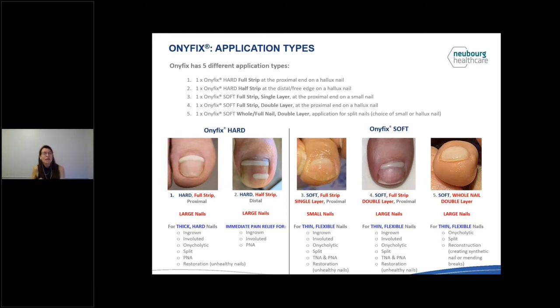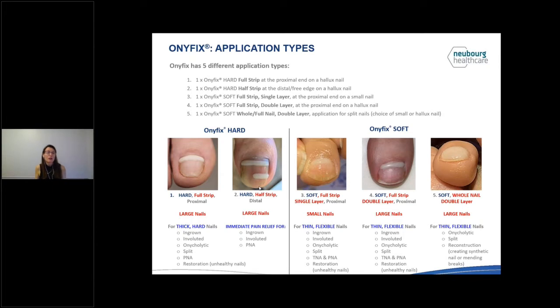Now, the half strip, guys, is only really necessary at the distal end for immediate pain relief from ingrown and involuted nails, and as a PNA adjunct, which we're going to talk about for you guys in the medical industry. But it's really important that you set your patient expectations that the half strip is temporary and meant to fall off sooner rather than later.